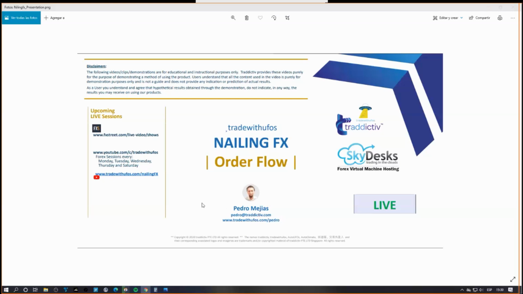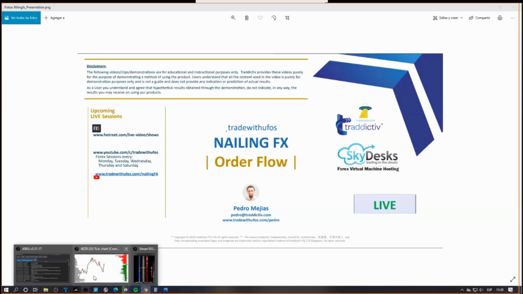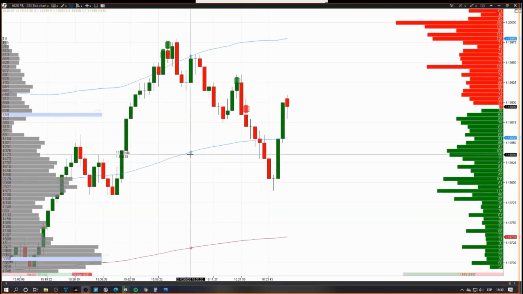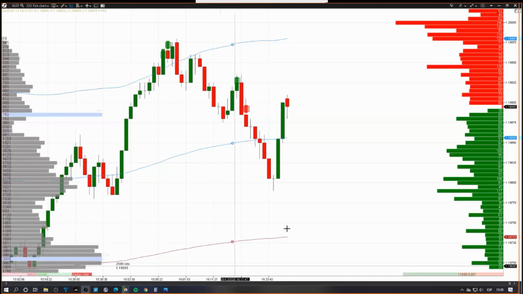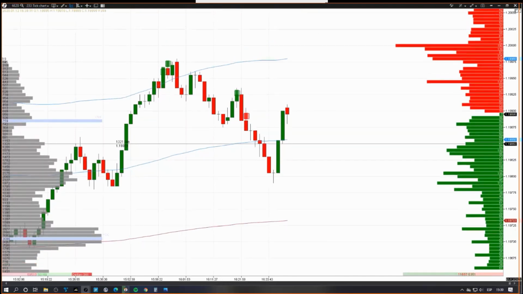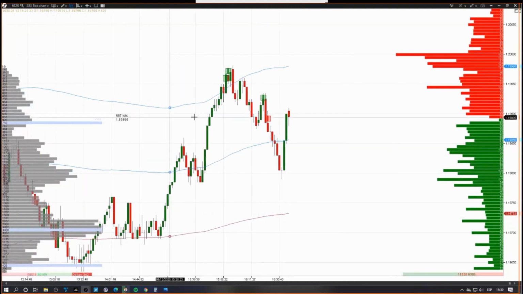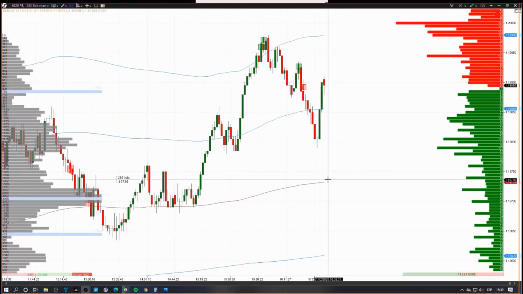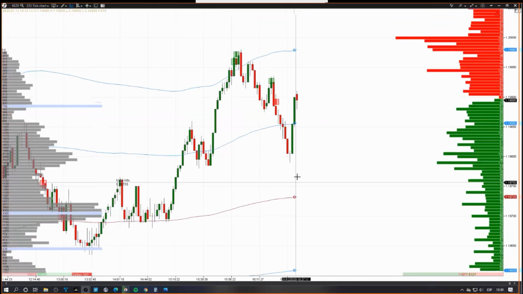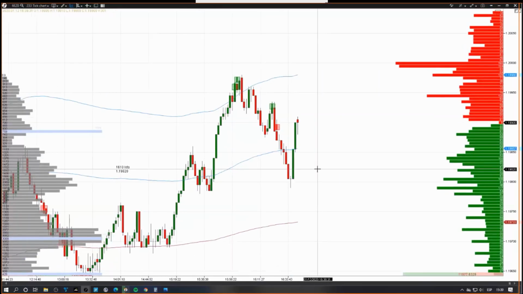Okay, so now let's jump up to the chart using the order flow system. What we might see here is pretty similar to what I just showed you with the TradingView indicator. Okay, this is the euro. Once again, this, as you see here, is pretty much what I use to trade the indicators and everything.